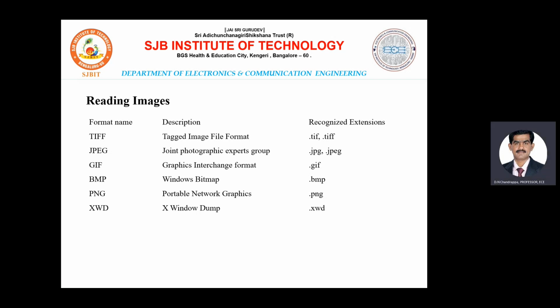For example, you can consider 1.jpg, 1.jpeg or 1.tiff files. What are these image formats for? TIFF is called tagged image file format. In our representation, we write it as .tiff or .tif.